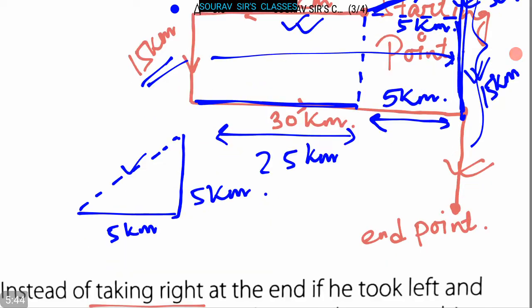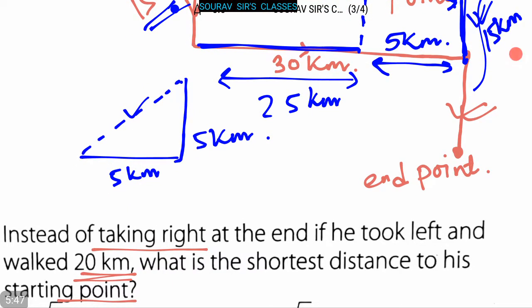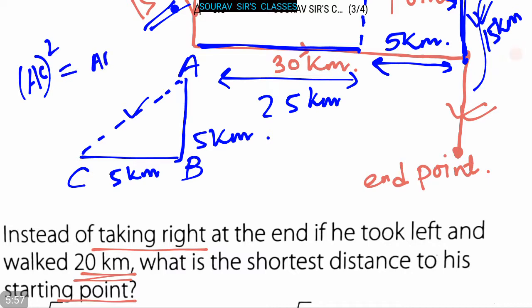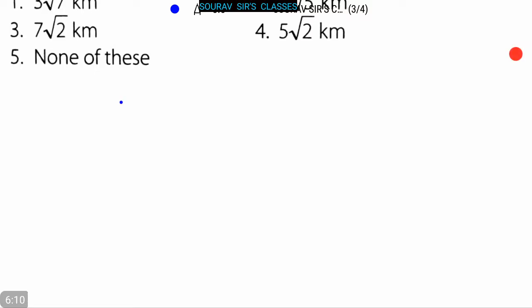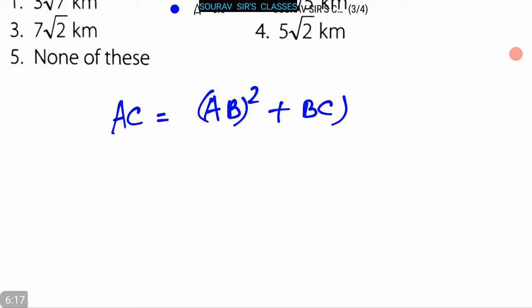So from Pythagoras' theorem we know that, let's give the names A, B and C, AC squared is equal to AB squared plus BC squared. So AC is equal to the square root of AB squared plus BC squared.